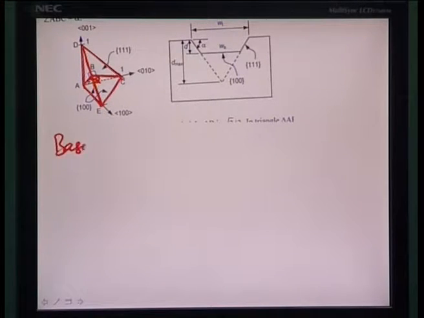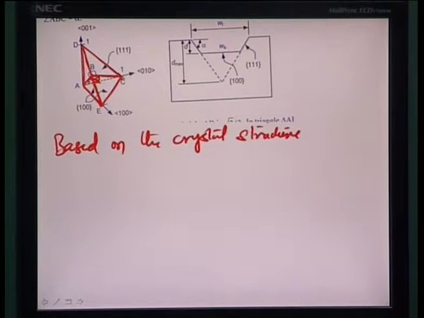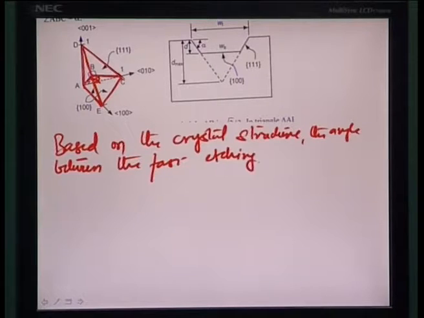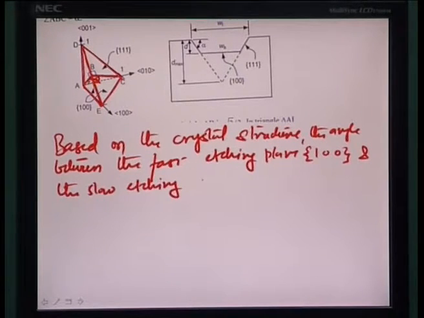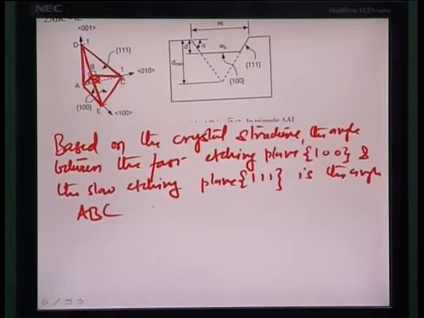So, based on the crystal structure, the angle between the fast etching plane 100 and the slow etching plane 111 is the angle ABC.